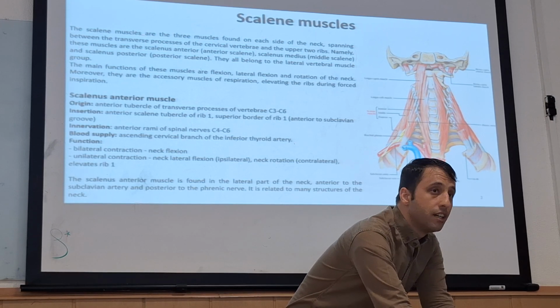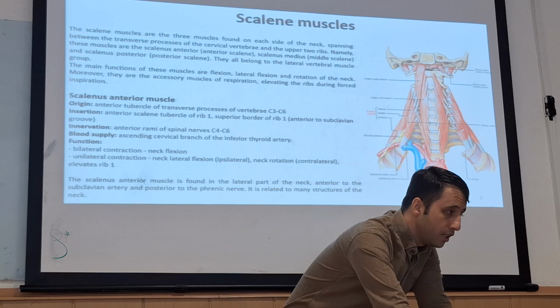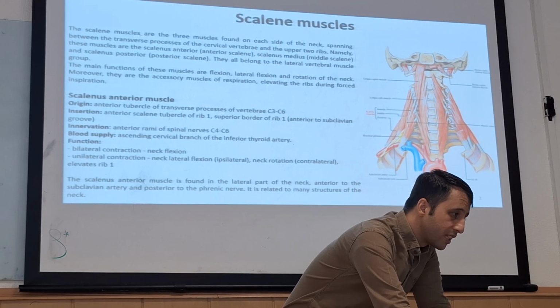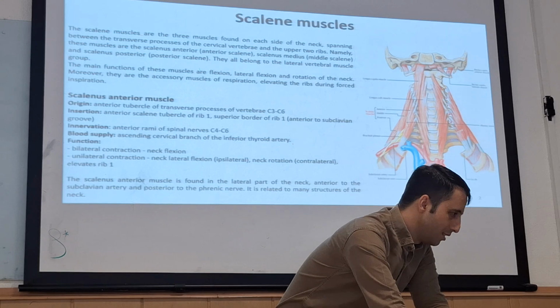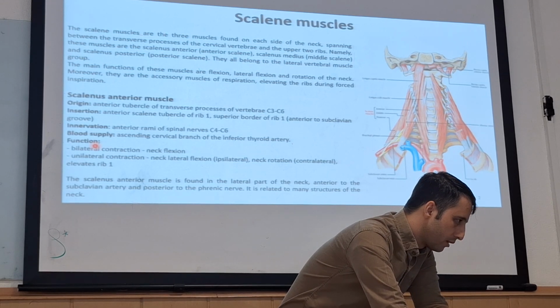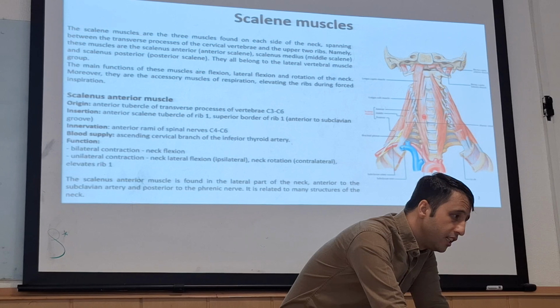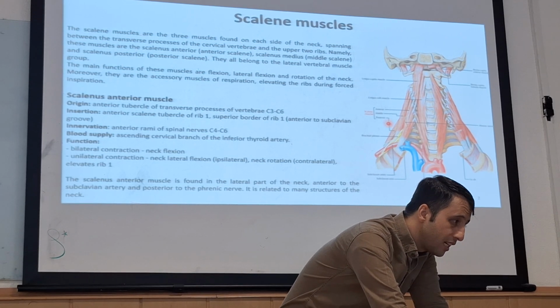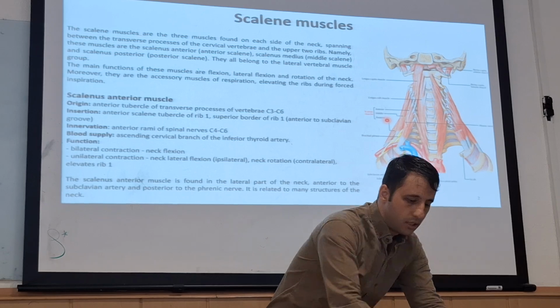They are perivertebral muscles, which are longus colli and others. Here you can see perivertebral muscle, and here you can see scalenus muscles.